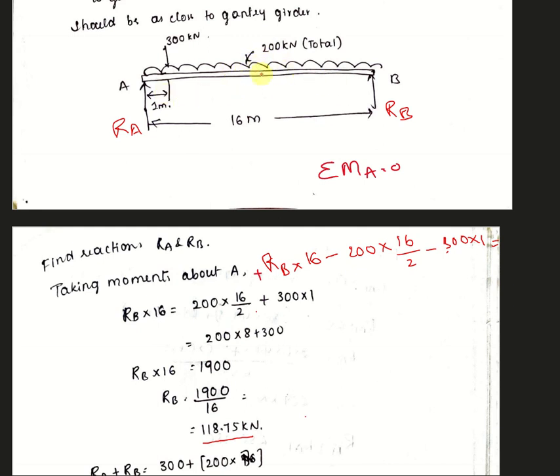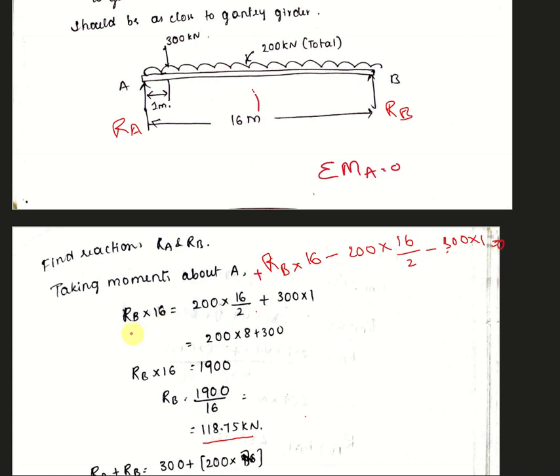That is 200 into half of this length, 16 by 2. It is acting in clockwise direction, so it is negative. And another load we have is 300 kilonewton into 1 meter distance, 300 into 1. It is also clockwise, again minus, is equal to 0.